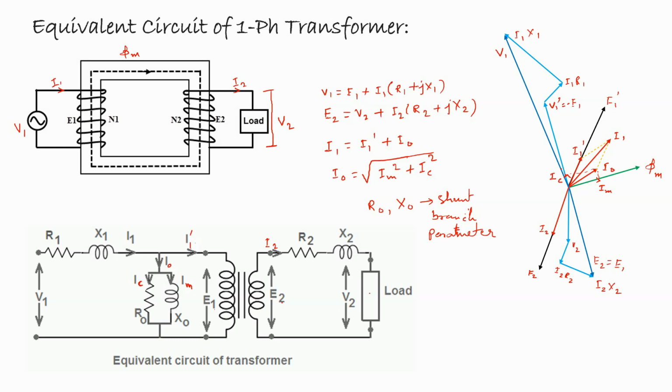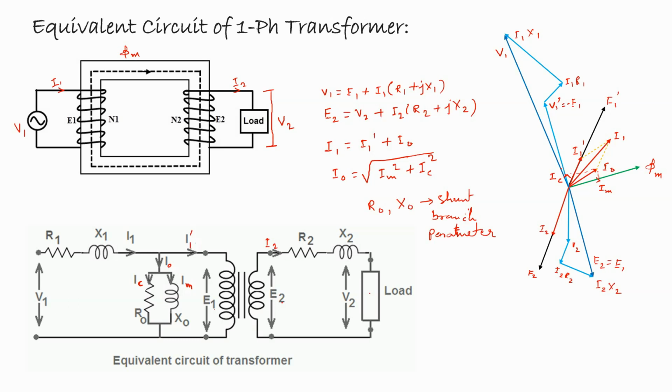For that, we have to transfer all the secondary values to the primary side or all the primary values to the secondary side. Now, if we transfer all the secondary parameters to the primary side, then the secondary parameters will be changed according to the primary circuit. In this case, it will be considered as the equivalent circuit of the transformer referred to primary.